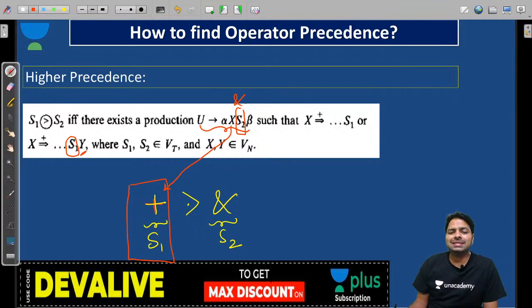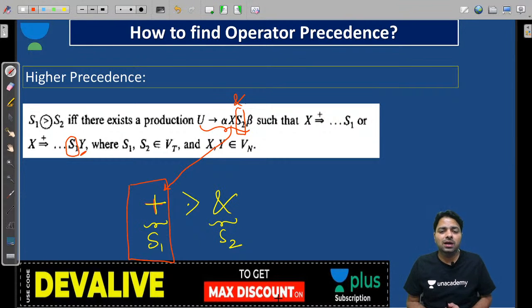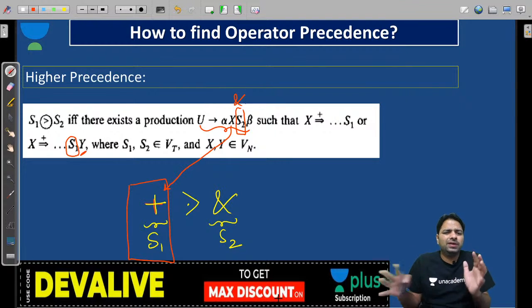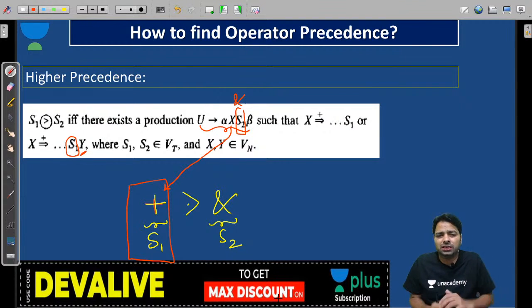So plus and ampersand you can compare when you have in between at most one symbol. If plus has more precedence, then the plus should be derived from one of the productions, but in the production the ampersand is there and plus comes from the left. We'll practice that. Don't worry much about the definition, which without an example is really difficult.